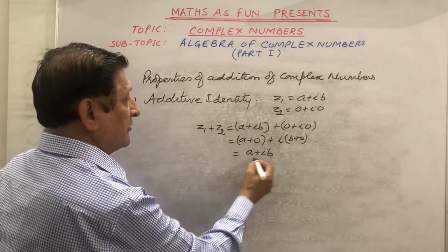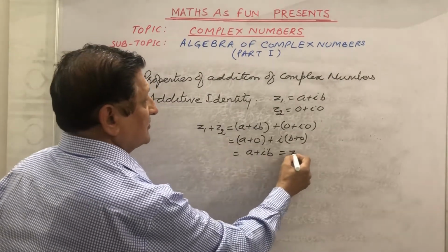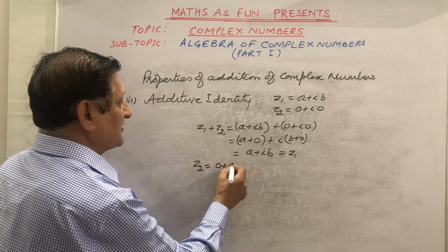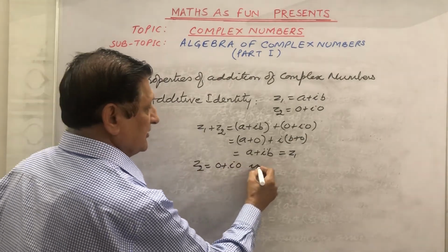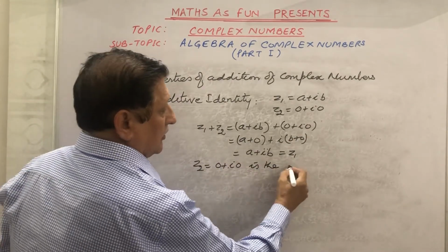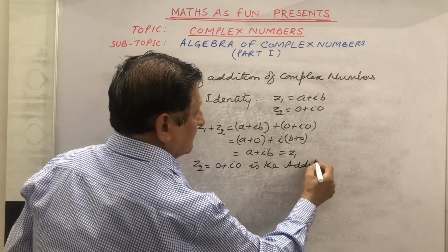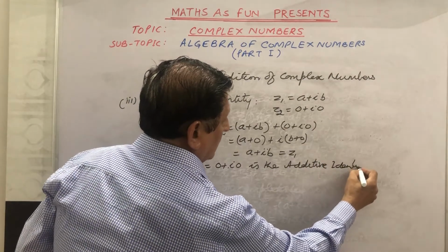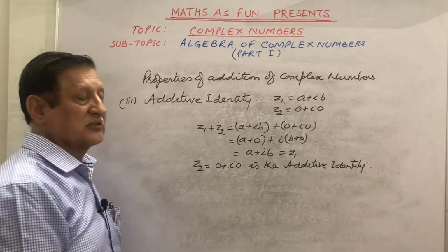Same way we find here that this is same as Z1. So can we say that Z2, which is 0 plus iota 0, is the additive identity for the complex numbers?